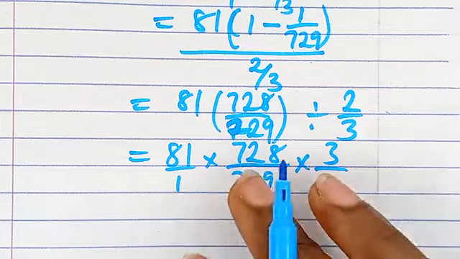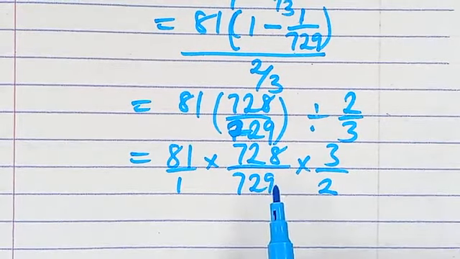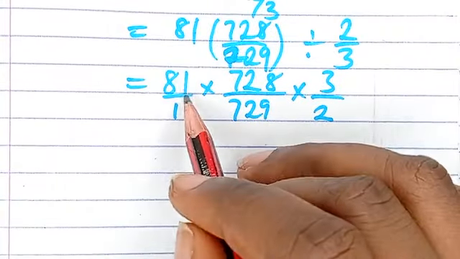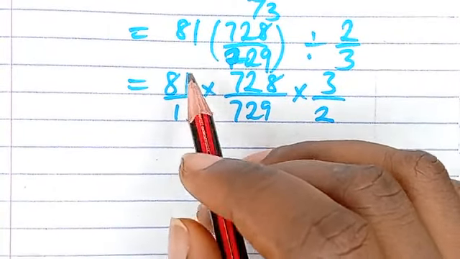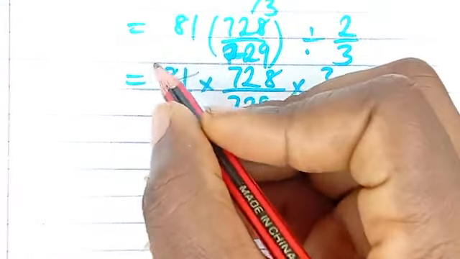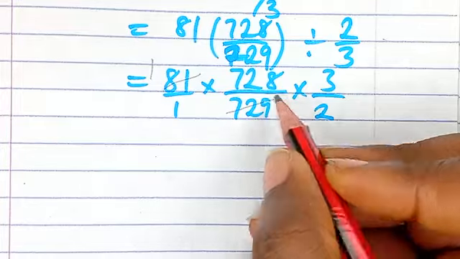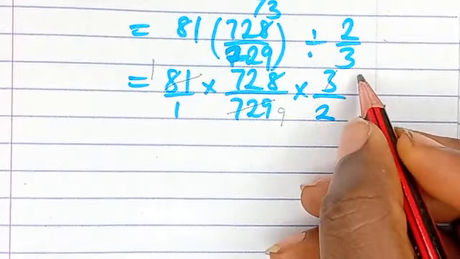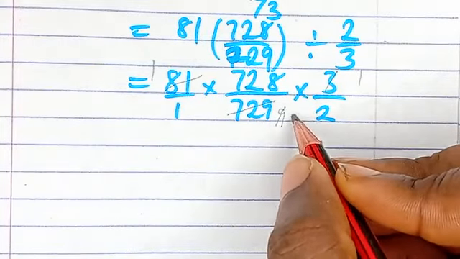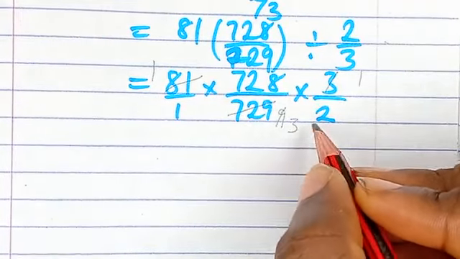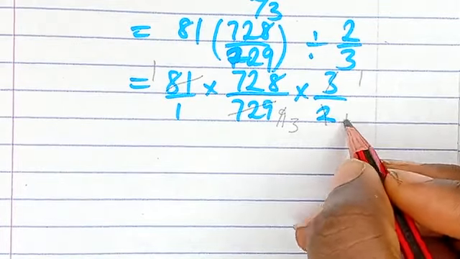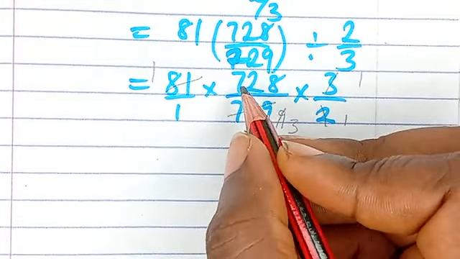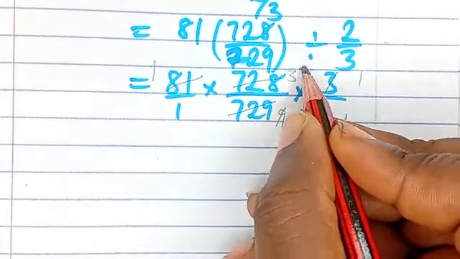And 81 can actually go into 729. So 81 goes into itself is 1. And then 81 goes into 729 is 9. So 3 into itself is 1. 3 into 9 is 3. So we have 3 remaining here. 2 into itself is 1. 2 into 728 is 364.